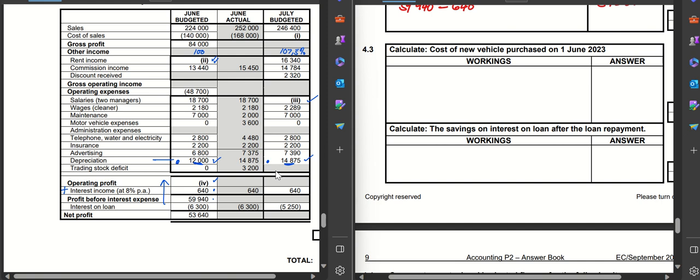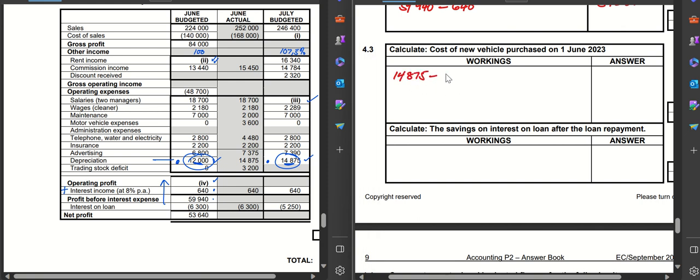Here we can see an increase, a new vehicle. If it was a decrease, it would have meant that we have also disposed of a vehicle. So the examiner can use either of these. So it simply means the depreciation of the new vehicle would be the difference between the new depreciation and the old depreciation. So the new depreciation is 14,875.